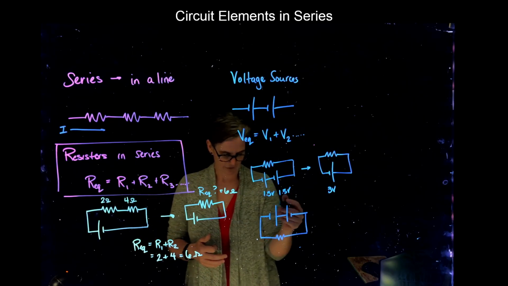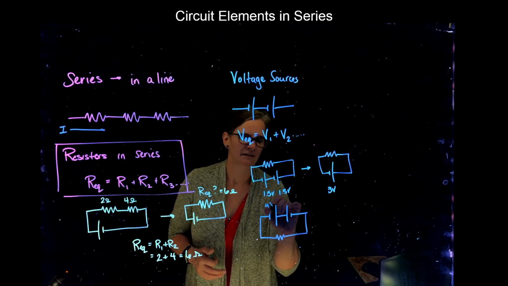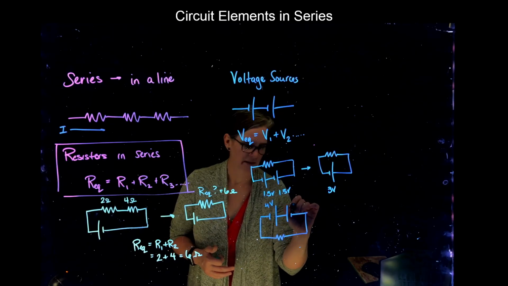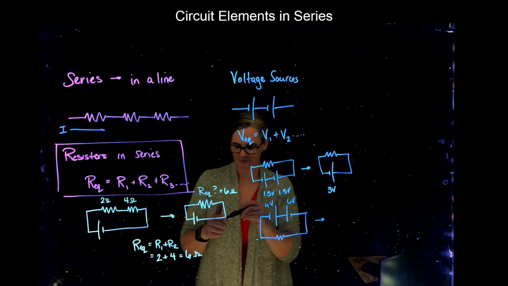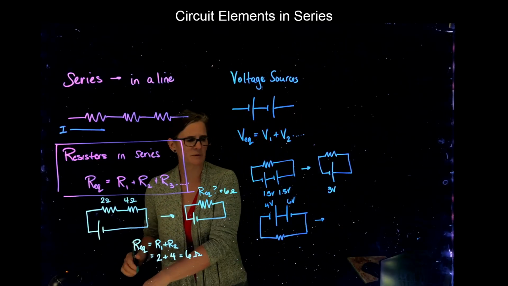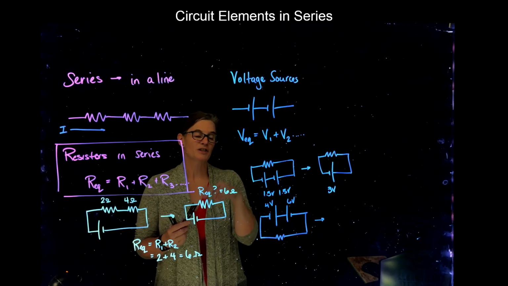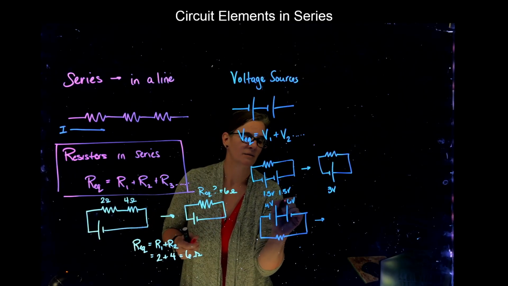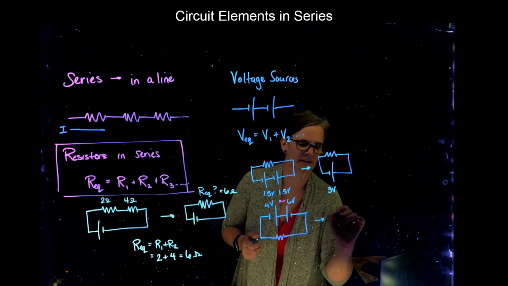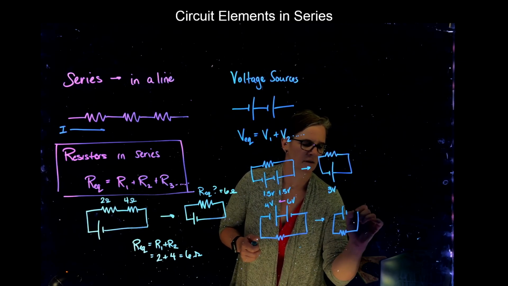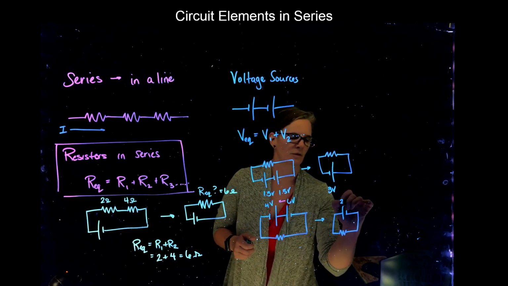But if they're different, and this is used when one is charging batteries, for example, my equivalent voltage is going to be the difference between the two, and the direction of the current is going to be relative to the larger of the two voltages. So this would be as if I had a voltage source with the equivalent of 2 volts.